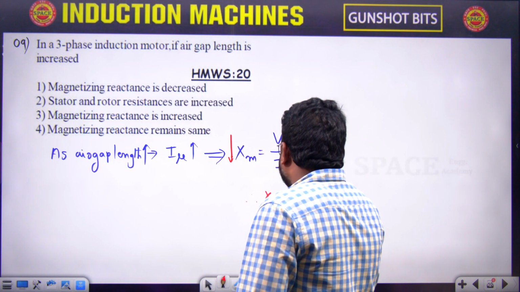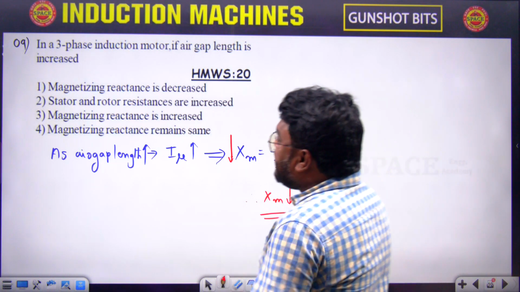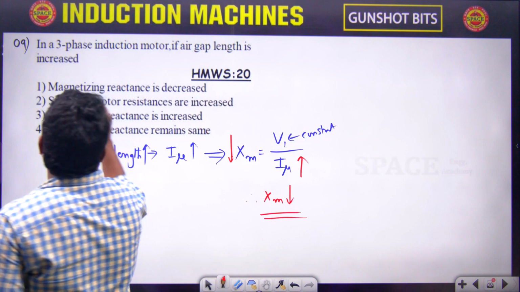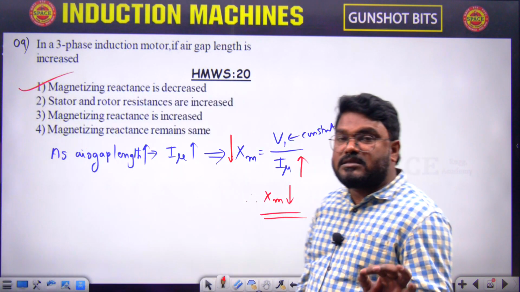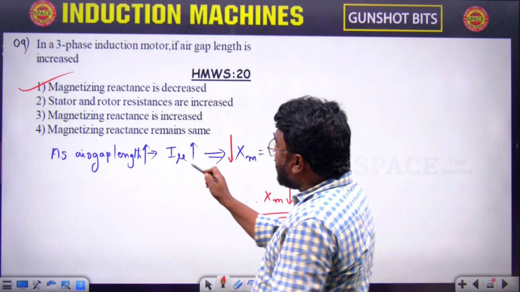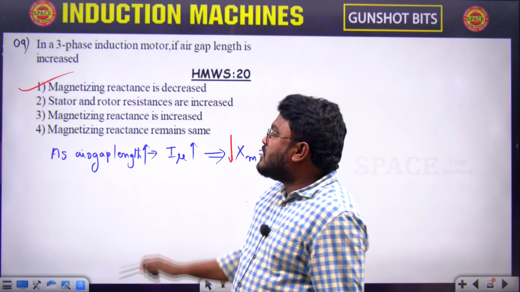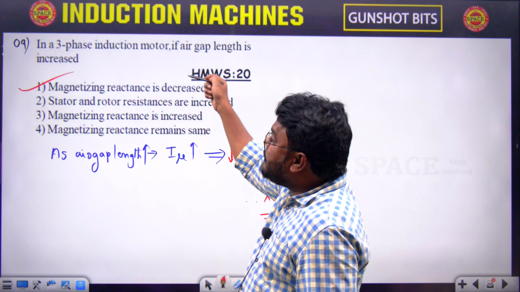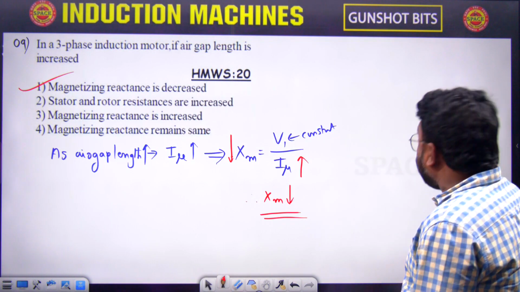Therefore, the magnetizing reactance parameter of the induction motor decreases. So option 1 is correct for this question. By increasing the air gap length between the stator and rotor, the magnetizing reactance parameter will be decreased.